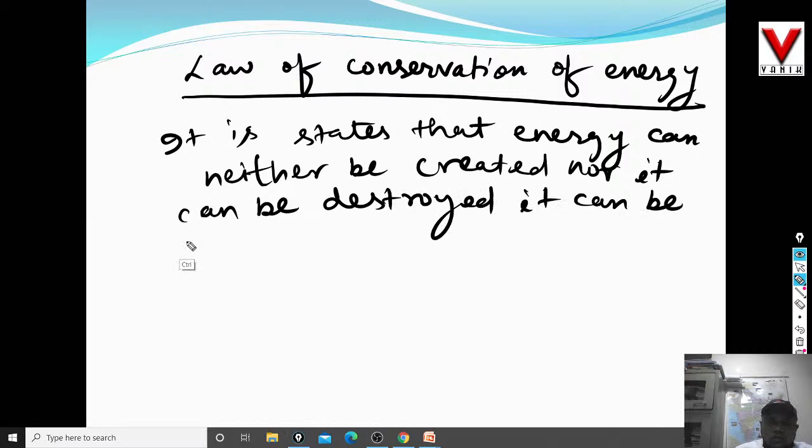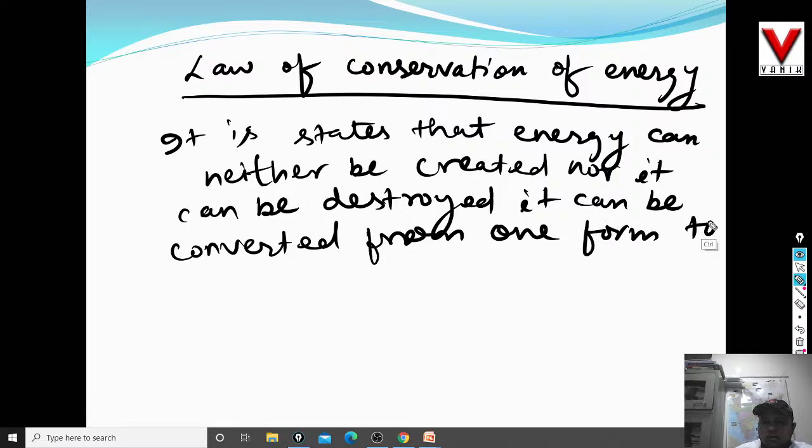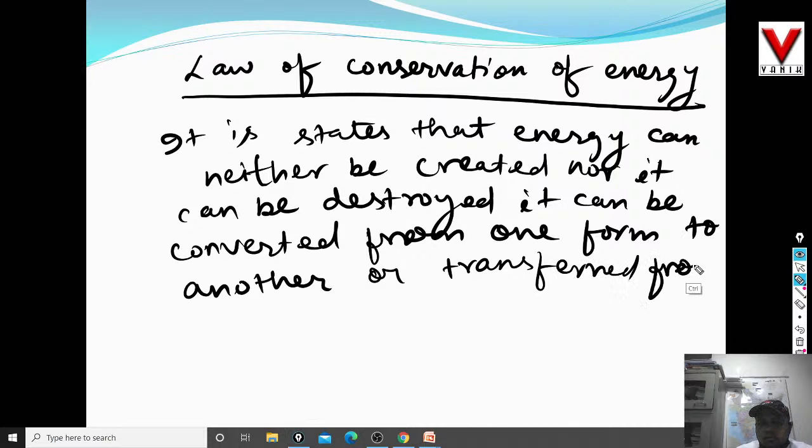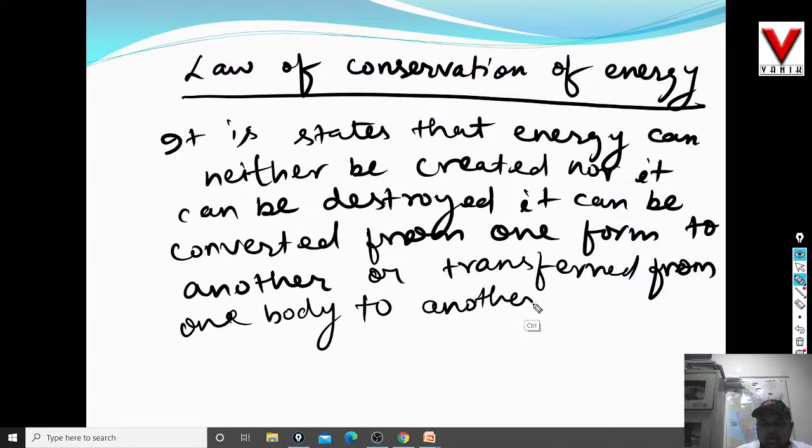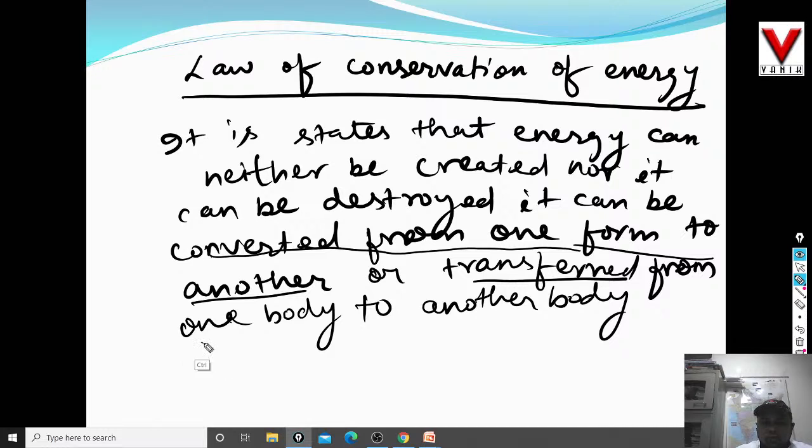It can be converted from one form to another, or transferred from one body to another body.